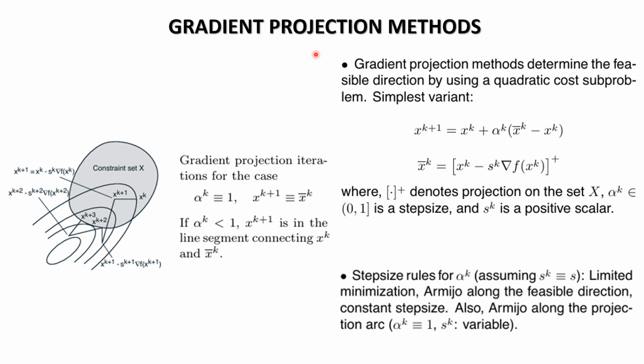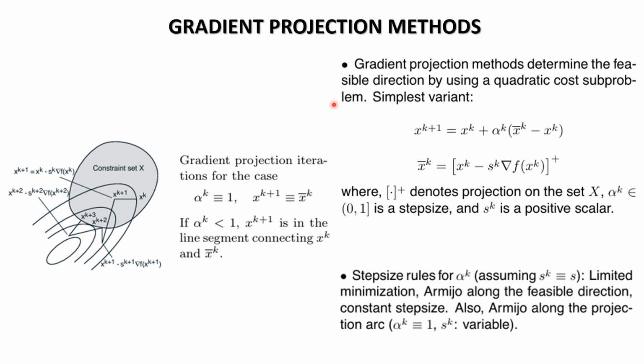Purpose: we aim to solve a constrained minimization problem, the minimum of some cost function f of x, where x is from a convex feasible set X in Rn, for example a polytope or ball and so on, and f of x is differentiable.